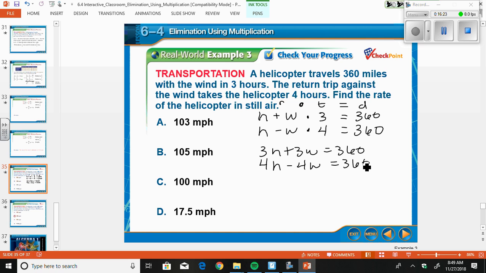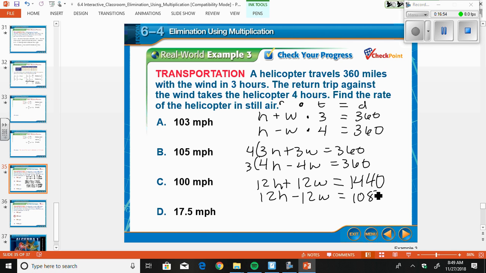We need to get them alike so that we can get rid of one. I see 3w and the 4w here, so I'm just going to multiply by 4, multiply by 3. So I get 12h plus 12w equals 360 times 4 should be 1440. Then I get 12h minus 12w equals 1080.